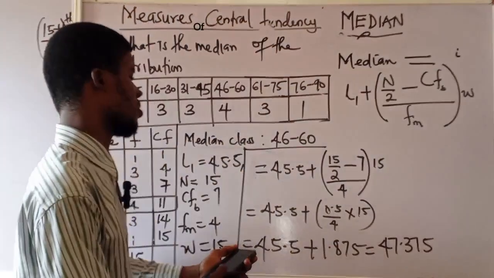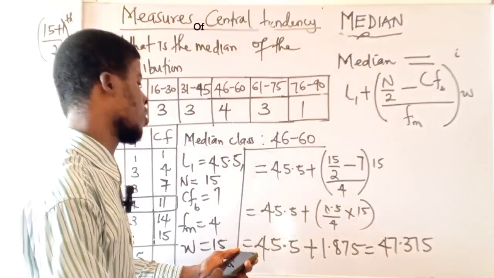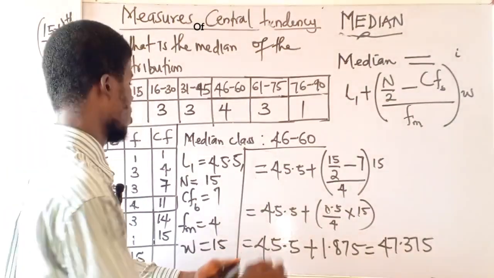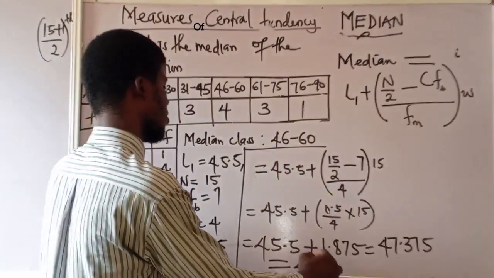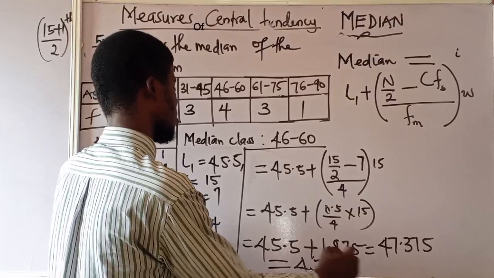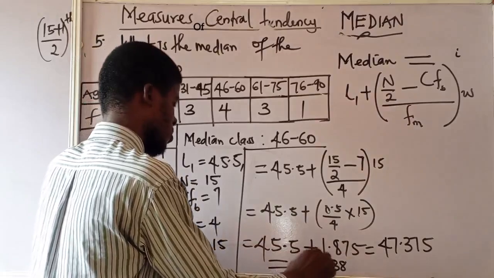To the nearest, let's say to 1 decimal place, okay, let's use 2 decimal places. The median is approximately 47.38 to 2 decimal places.